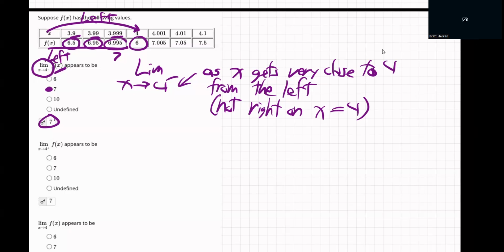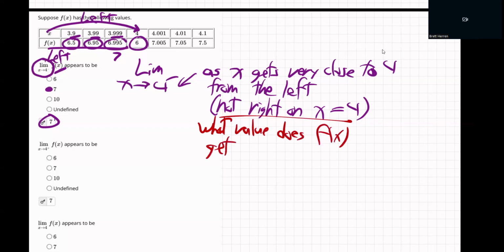So a limit is not right on that. What value does f of x get very close to, approach? Get very close to. Right?